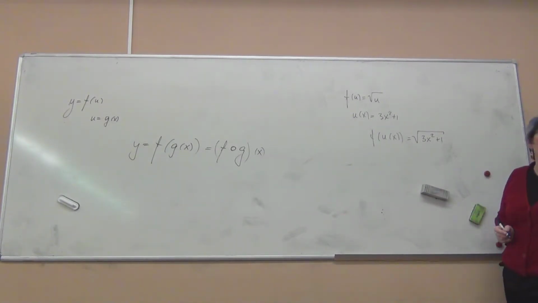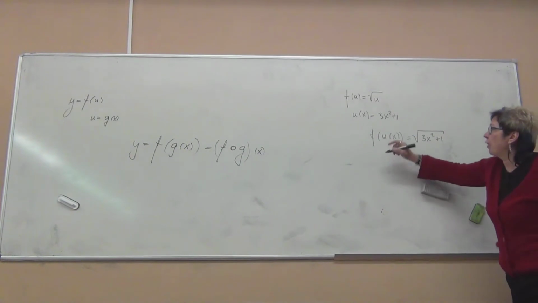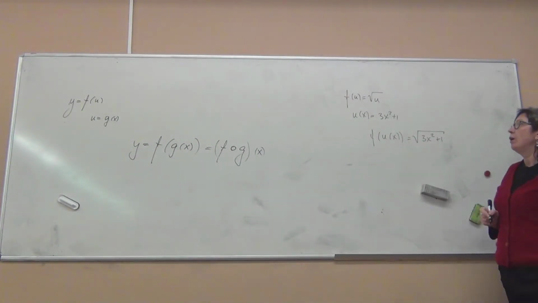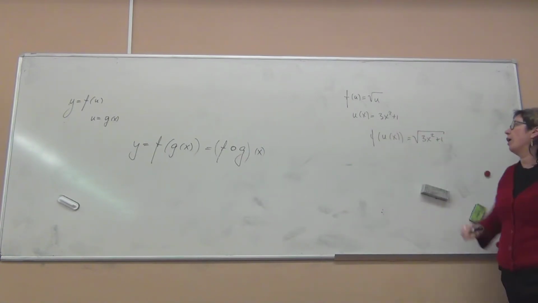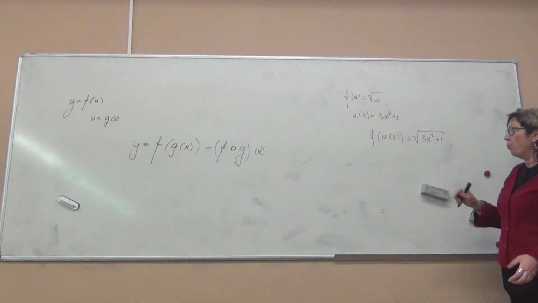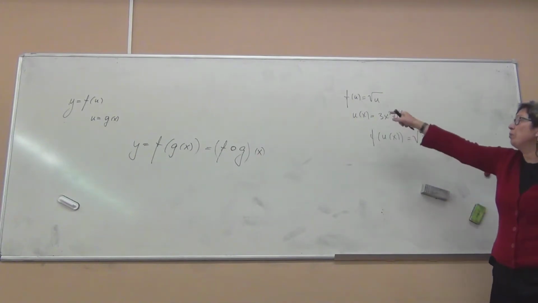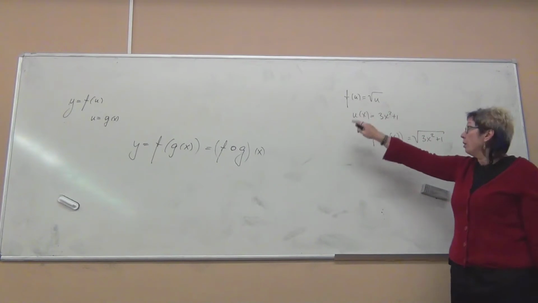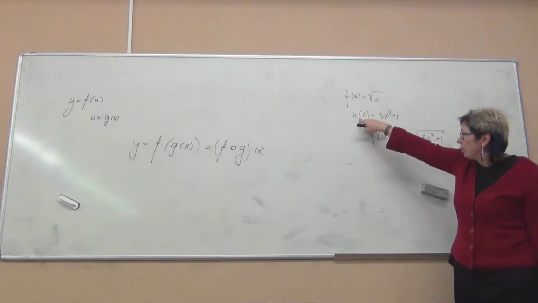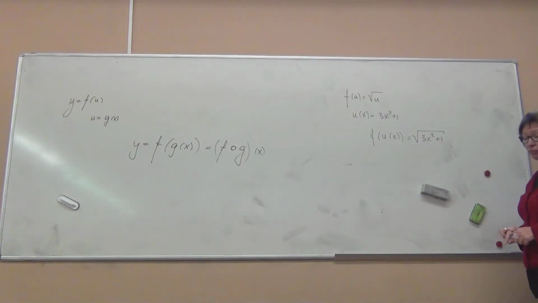If we do it the other way around, if we want to find u of f, then we would need to put the square root of something instead of x. So as it is, you simply replace the independent variable of the external function by the expression of the internal function.